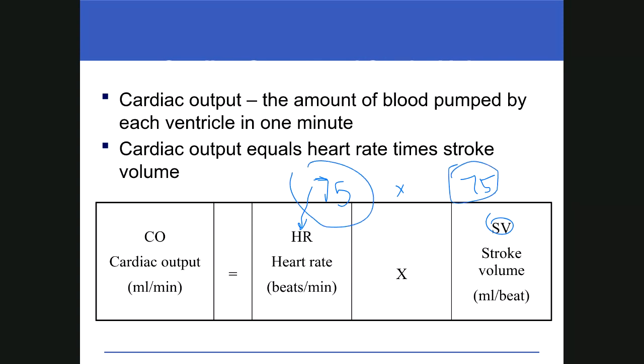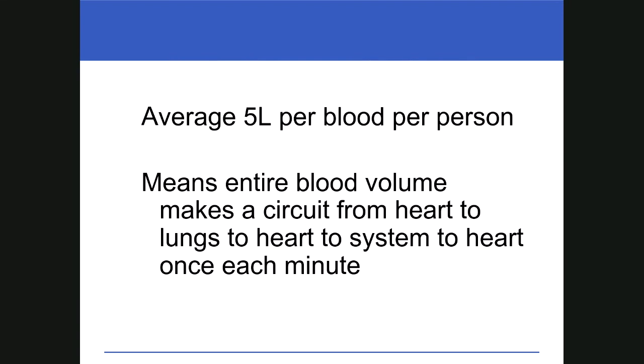So 75 times 75 is about this. Now, you don't have to remember that number. You can always calculate it if you need to, but that's what it is. And so what most people say is that an average cardiac output is somewhere around 5 liters.